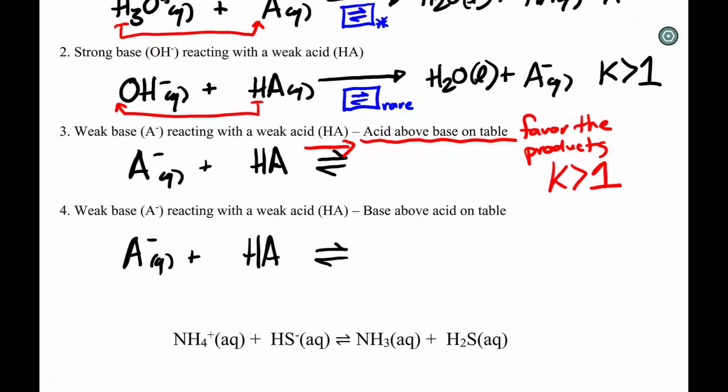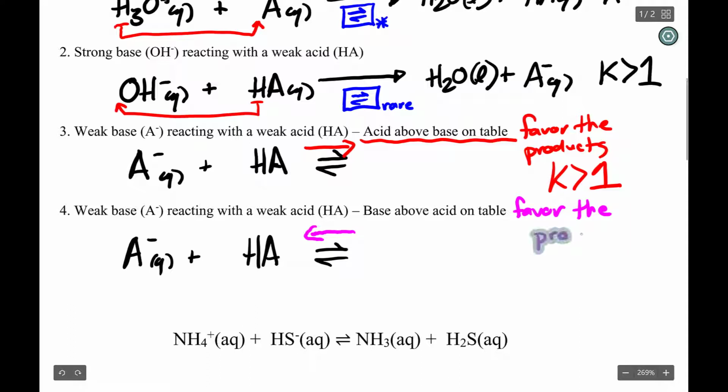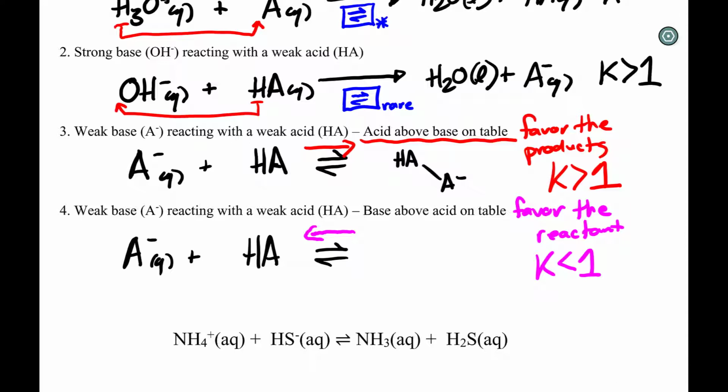In our last scenario, if our base is above the acid on the table, it is going to favor the reactants, and the K value is going to be less than 1. So again, if HA is above A minus, we favor the products, the K is greater than 1. If the A minus is above the HA, we favor the reactants.